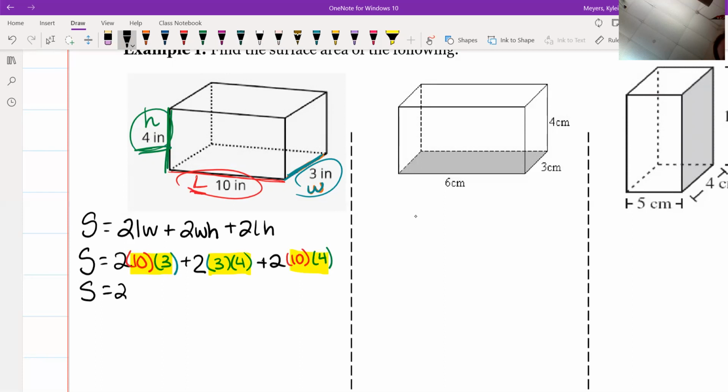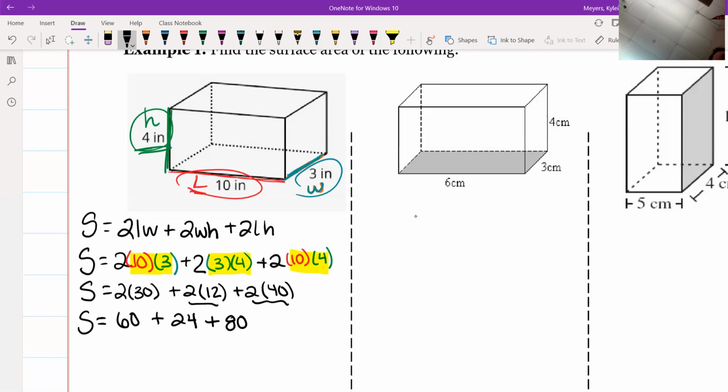So 10 times 3 is 30. Again, I'm just bringing my plus and my 2 down. 3 times 4 is 12. 10 times 4 is 40. So now I have 2 times 30, which is 60. 2 times 12 is 24. 2 times 40 is 80. So now we get to add those all up, right?